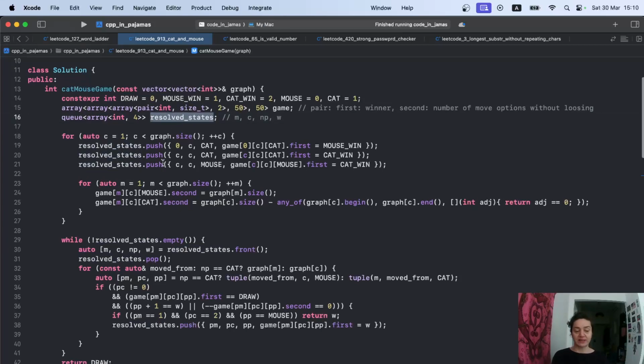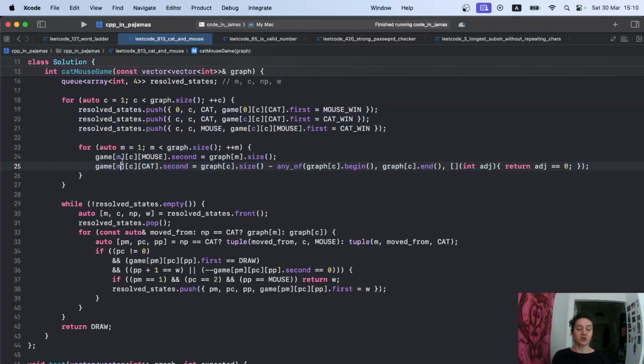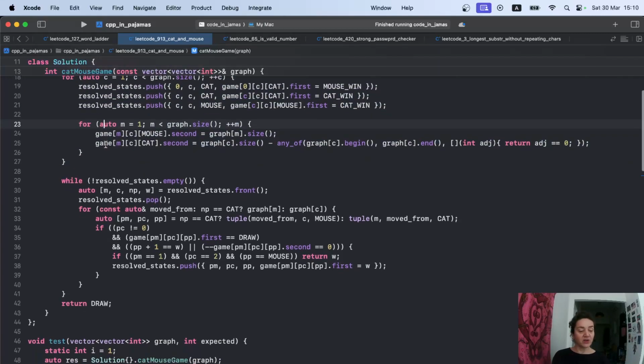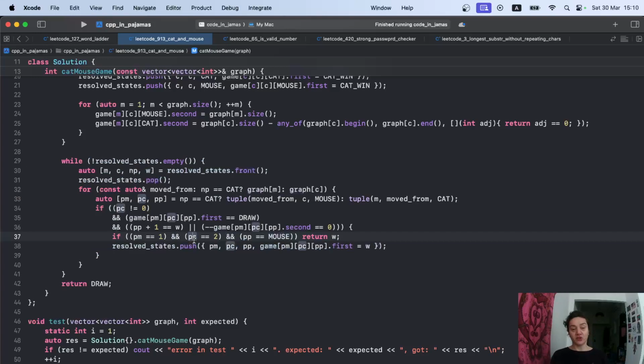Now, time complexity. For the initialization of our matrix, it's also n squared because the outside loop is on the graph size and the inside loop as well. However, the deduction loop is the loop in which we deduce from our states.